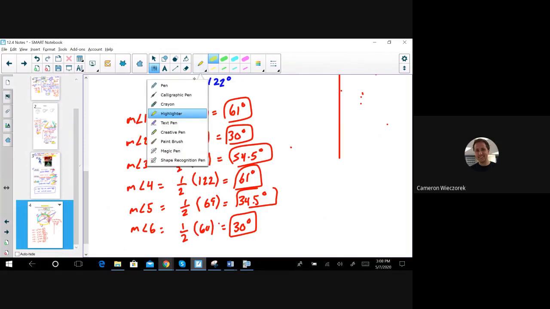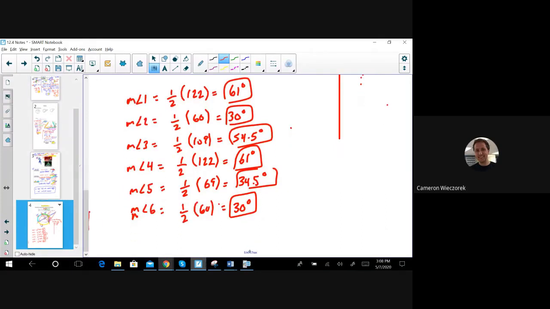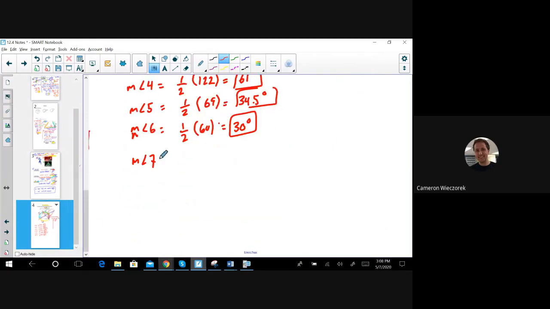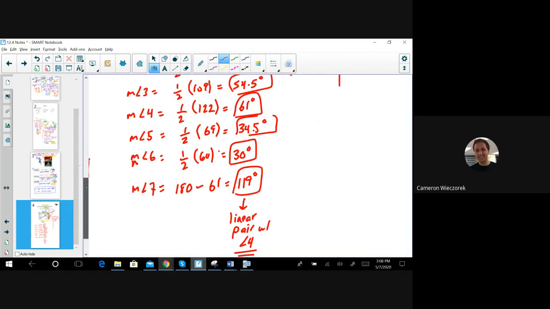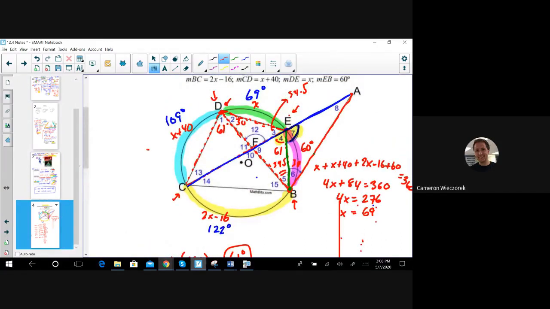So measure of angle 7 is just going to be 180 minus angle 4, which was 61. So that's 119. And all I'm using for that is the idea that it's a linear pair with angle 4. Can't cut that one in half because it's not inscribed and it's not a tangent chord. A secant and a chord doesn't quite follow the rule of cutting in half.